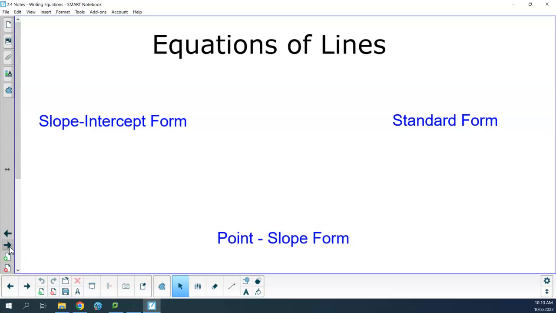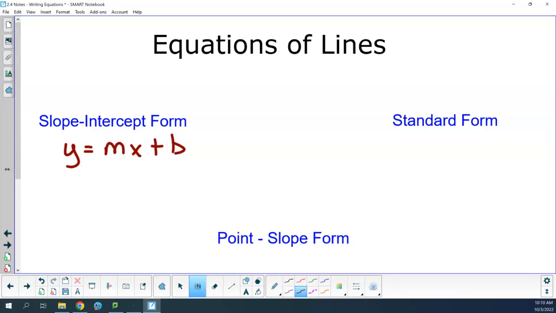So on Thursday of last week, we, meaning me, gave you the 3 different kinds of lines that there are in mathematics. The first one is called the slope-intercept form of a line. That's our old friend y equals mx plus b.